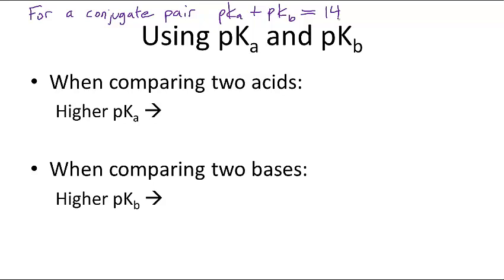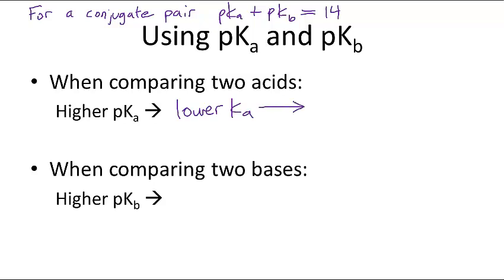Now, one of the problems here is that it's the negative log. That negative sign means that as Ka goes up, as Ka gets bigger, pKa gets lower. So a higher pKa means a lower Ka.